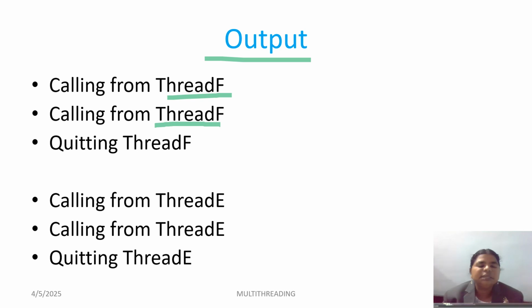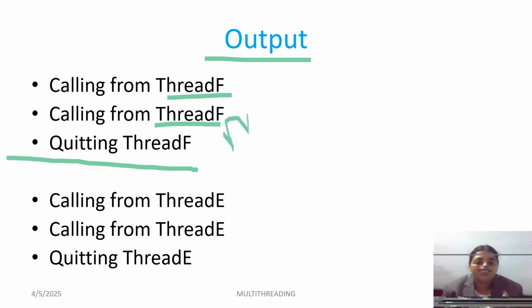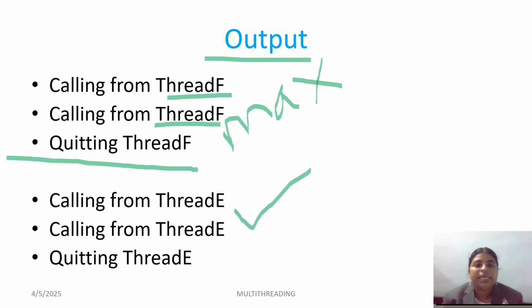Although it began second, we can find thread F being executed initially because it was assigned MAX_PRIORITY. Once thread F has completed its operations, thread E begins its operation. And once thread E has completed its job, it finally reaches the dead state.